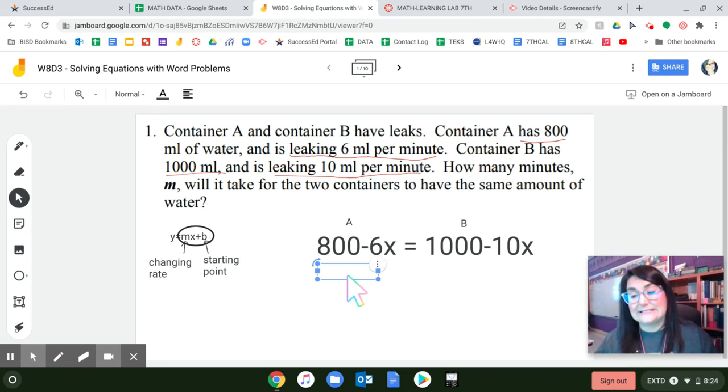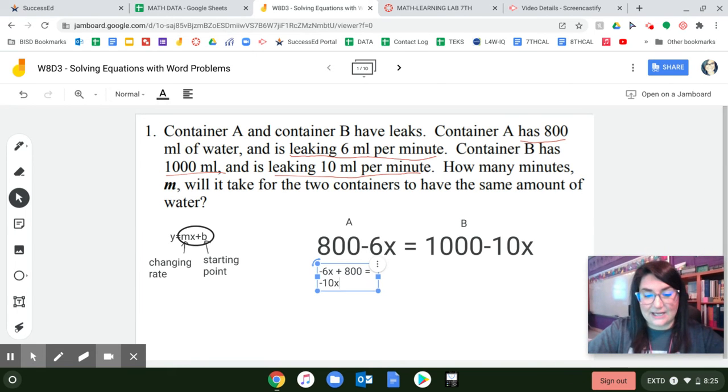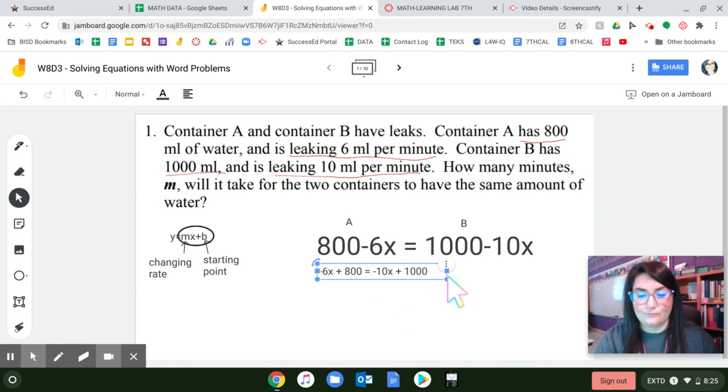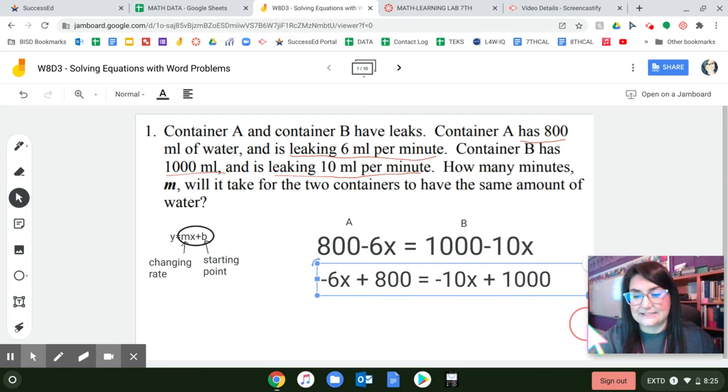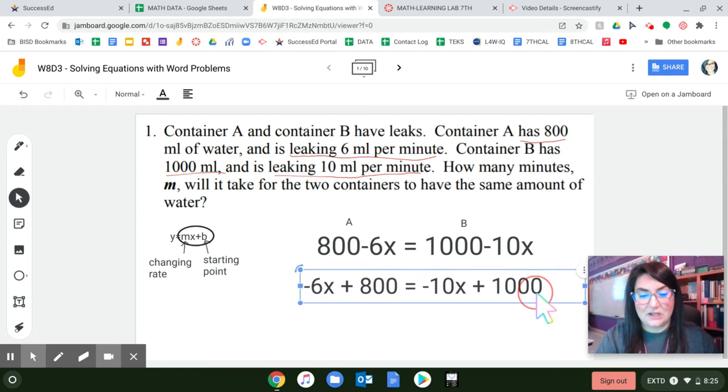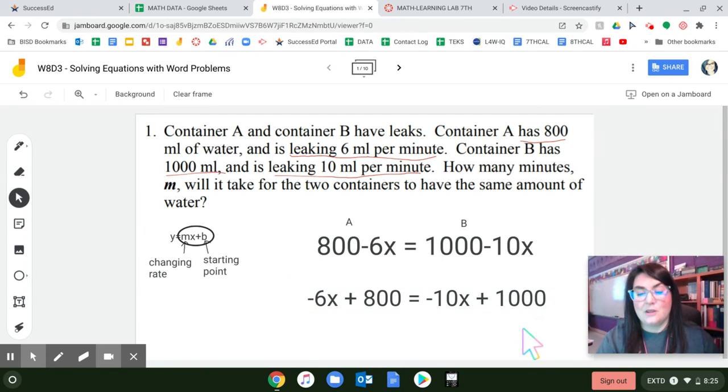They're still losing 6 milliliters per minute, so it's negative 6x, and a positive 800 is where it starts. And the same on the other side, you would start with your changing rate, which is negative 10x, and it's starting at positive 1,000. Either one of these, you're going to get the exact same thing when you plug it in the calculator. So either way that you want to write it is fine.